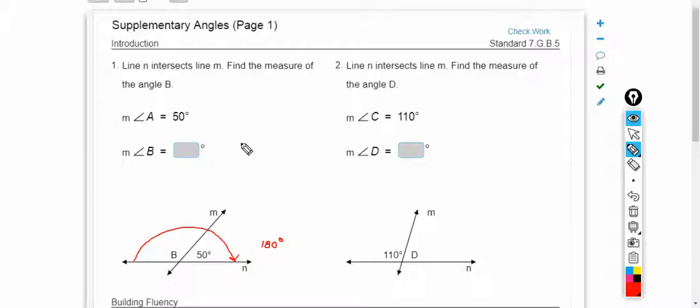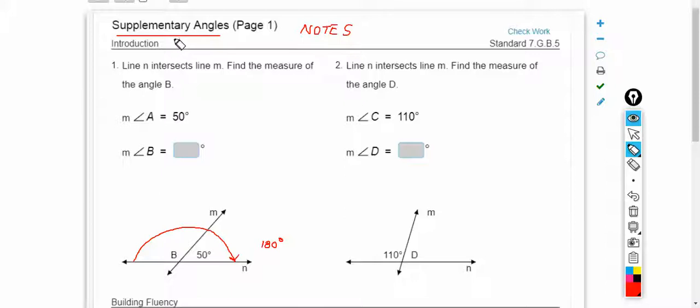Okay, so the supplementary angles, and of course we're putting these in our notes. Let me back up 1 second and remind you to put this information in your journal. And the title for today's lesson is going to be Supplementary Angles. Supplementary angles are also sometimes called straight angles.